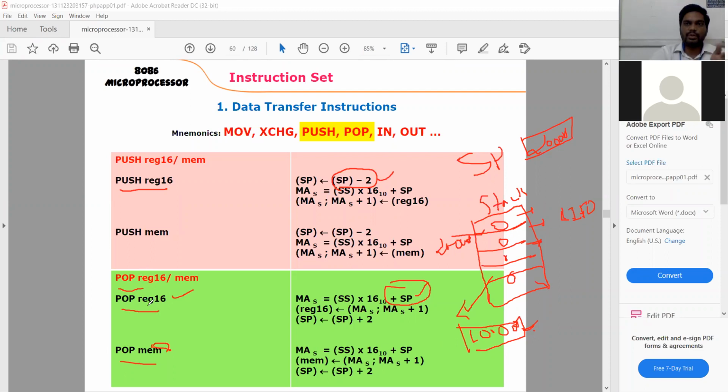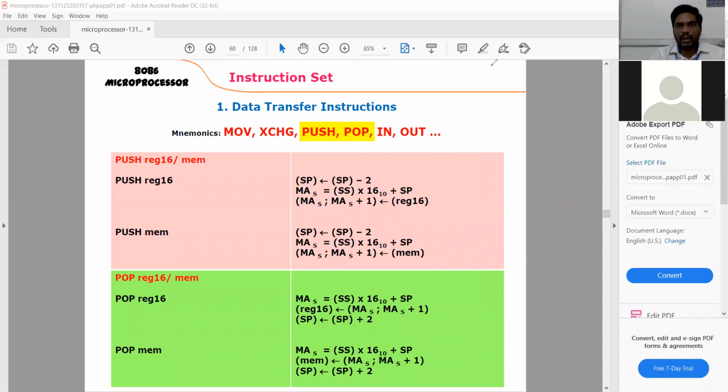The push instruction is used to insert the data into the stack by performing the decrement operation, and the pop instruction is used to get the information from the stack by using the increment operation. This is because of the last in, first out principle of the stack. Hope the point is clear to you.